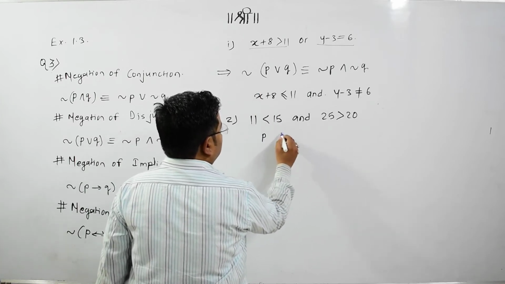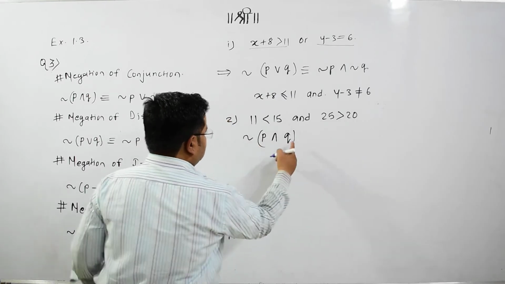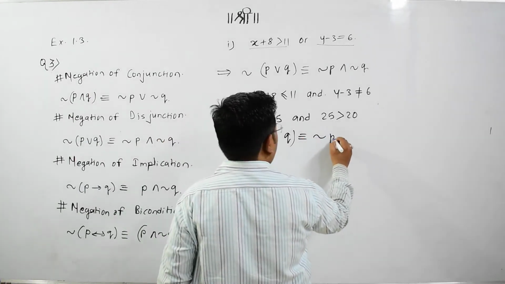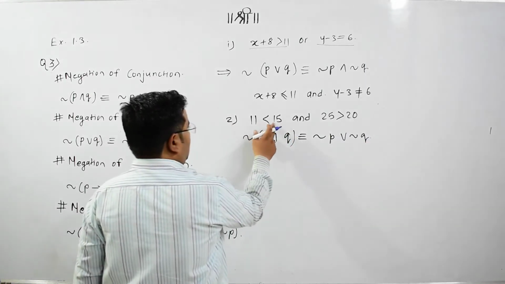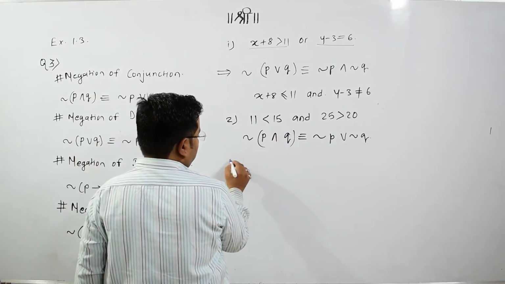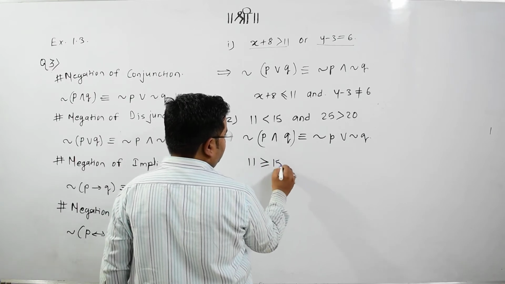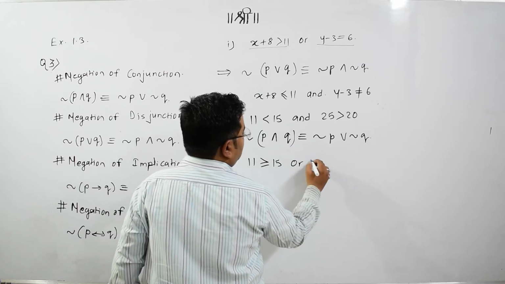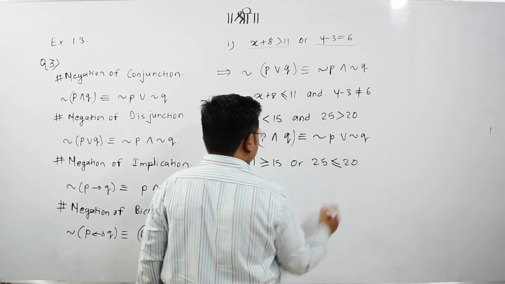If this is P, and Q is here, what is the negation? It is equivalent to negation of P or negation of Q. So the opposite statement is 11 is greater than or equal to 15, or 25 is less than or equal to 20. That's it.